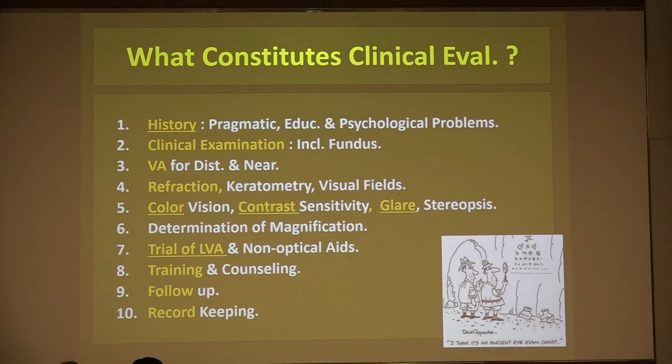This is more important. So we have to ask about other factors also, like whether he is able to read normal newspaper print or large print, or what the reading speed is. Do they feel fatigue reading for longer periods? This has to be taken care of.